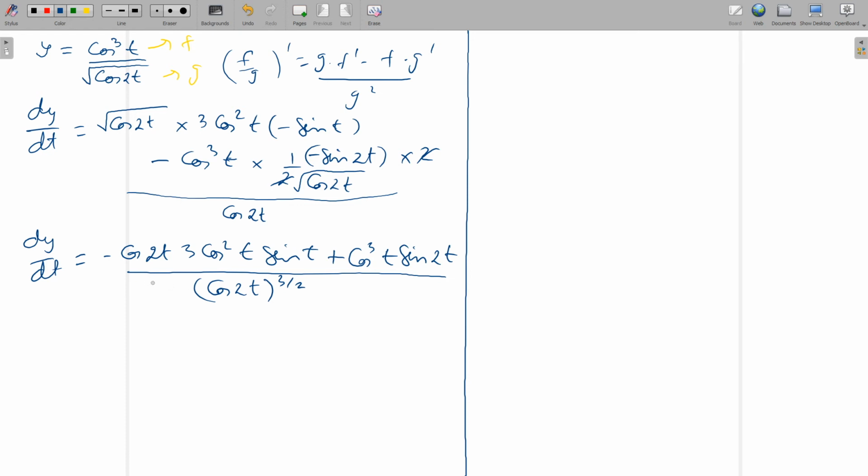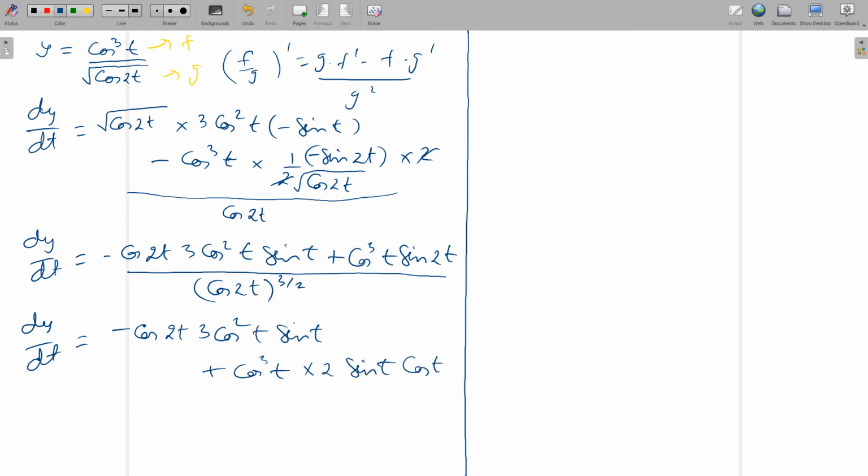Here we can write sin 2t as 2 sin t into cos t. So dy by dt equals minus cos 2t into 3 cos square t into sin t plus cos cube t into 2 sin t into cos t, and the whole divided by cos 2t raised to 3 by 2.